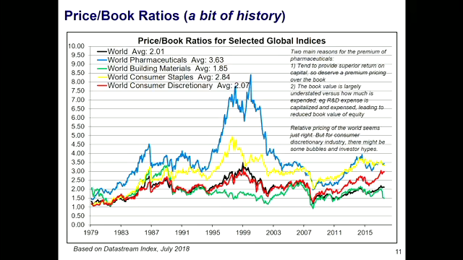You will see it will actually go hand in hand with the world average, or the world price to book value ratio, which can be seen as a composite of all the companies or all the industries in the economy. So they go up and down together.